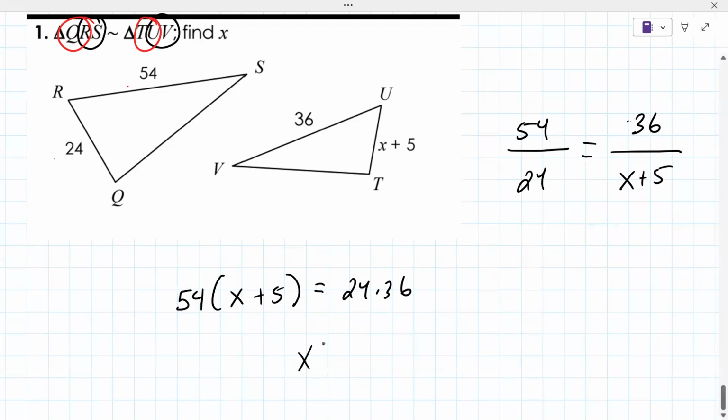Okay. Now let's say I wanted you to find UT. Could you do that? The length of UT. 16.